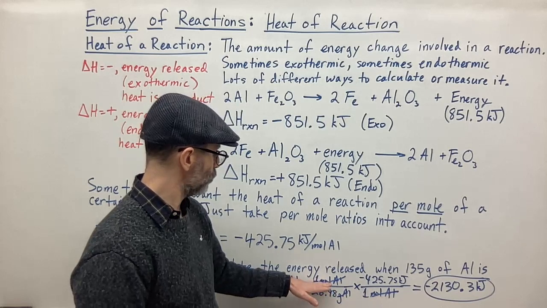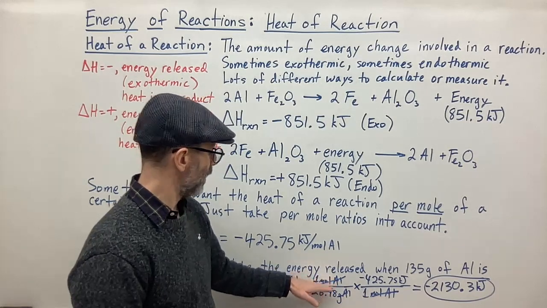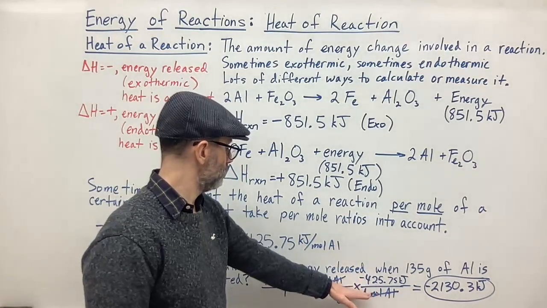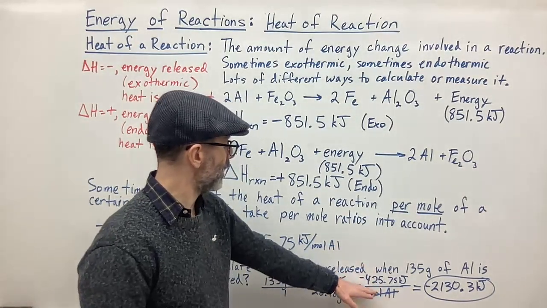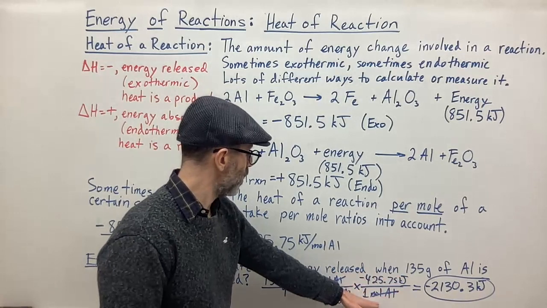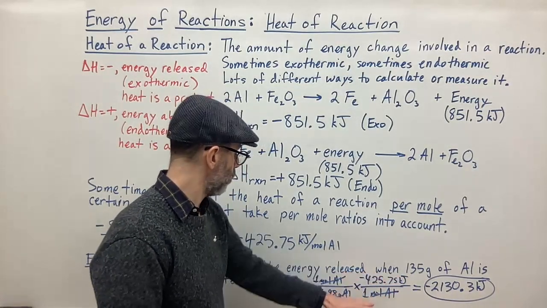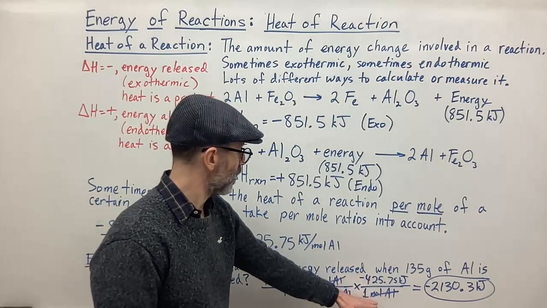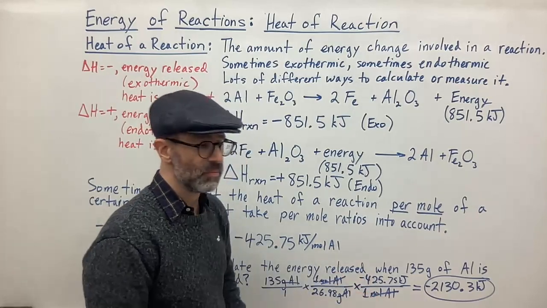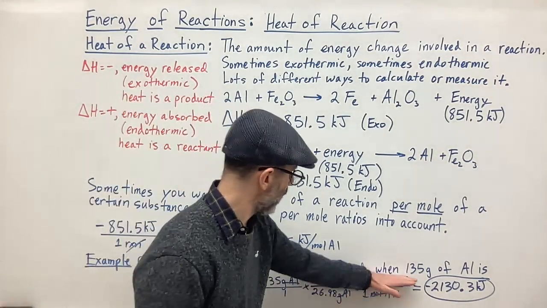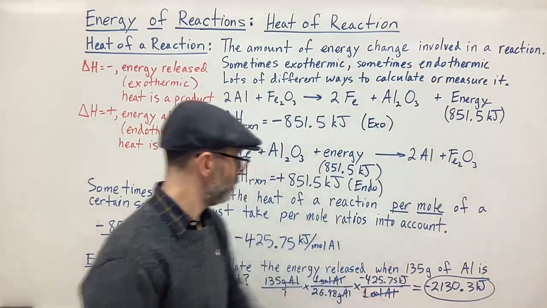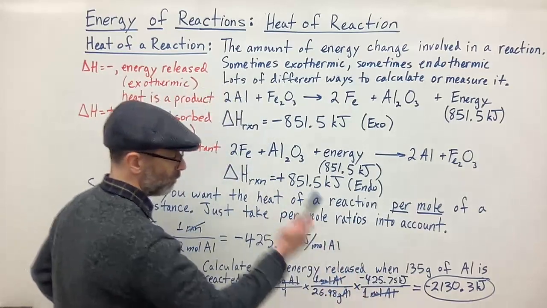So I'll have moles of aluminum, and then I can use the per reaction, and then I can put one reaction on top versus kilojoules. Sorry, I'm stumbling over my words.